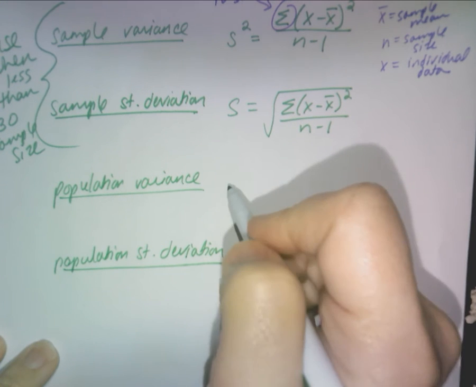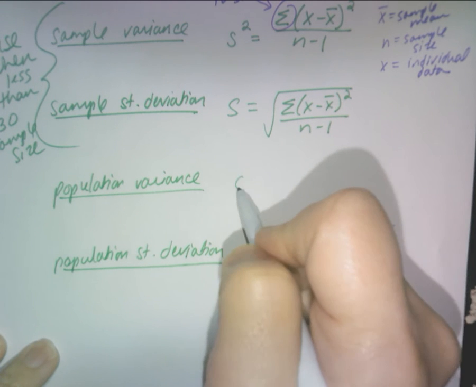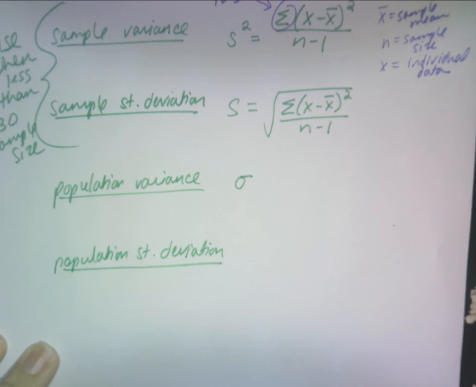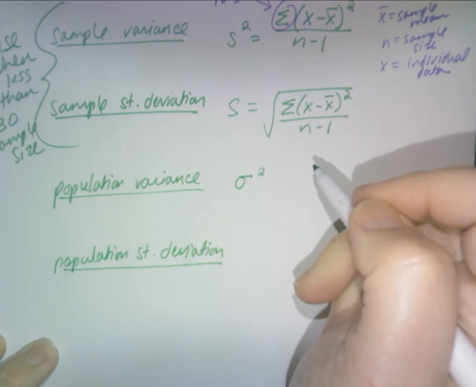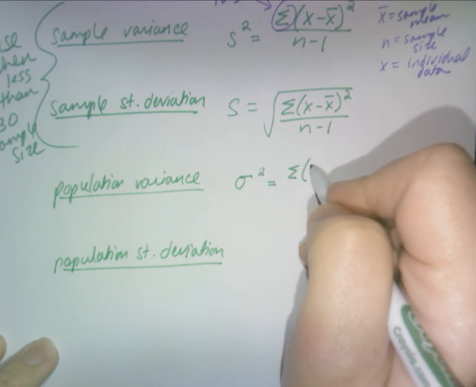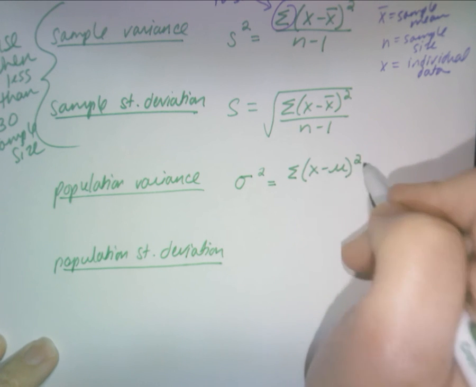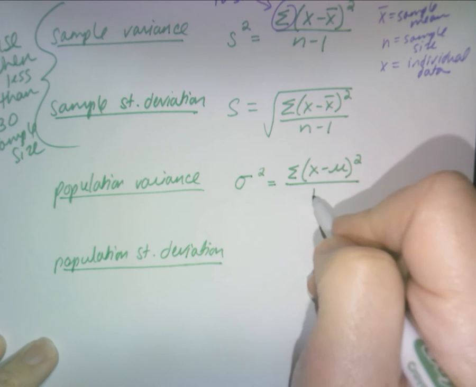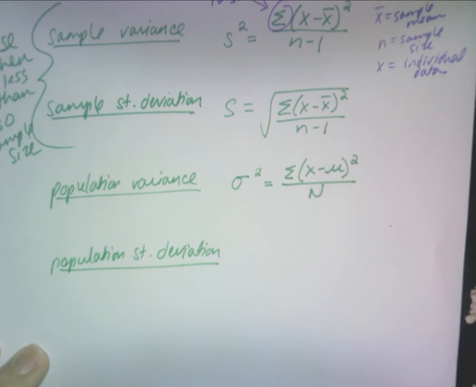So population variance is written like this. This is called lowercase sigma. It looks like an O with a hat on it, like a little extra hat, squared, equals the sum of x minus mu squared over n, capital N.